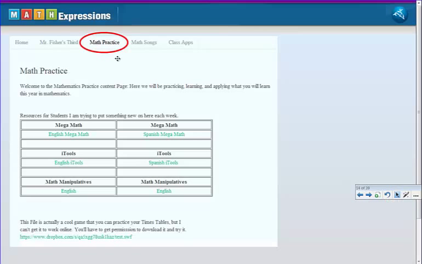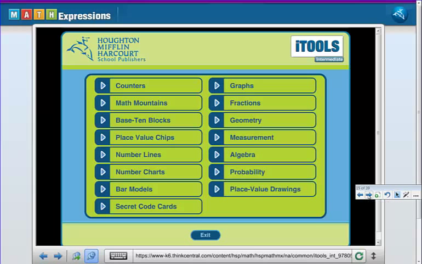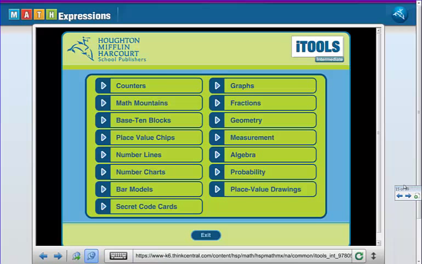Go to Math Practice on our homepage, and if you look, I've got Mega Math on there and iTools, both in English and Spanish. And if you click on the English iTools, it should take you directly to iTools right here. And notice you can actually go to counters, math mountains, base 10 blocks. You can even do some algebra if you want.